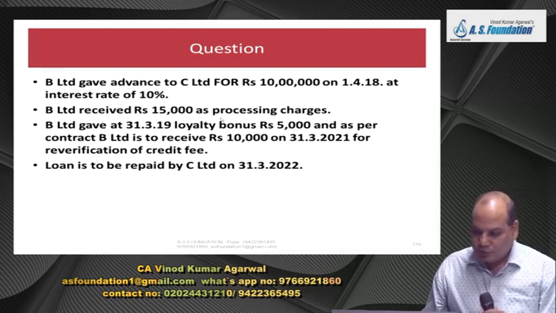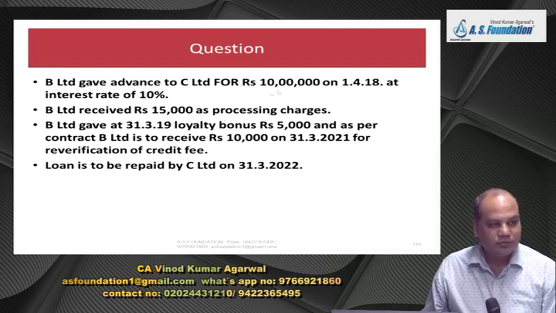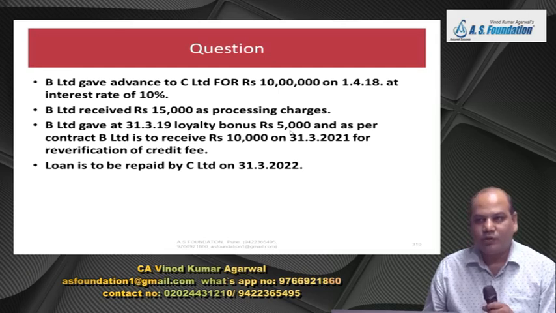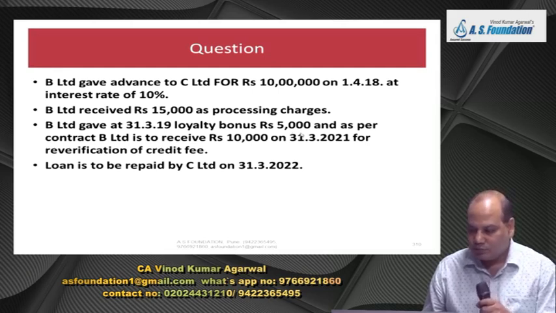You will give an advance of 10 lakh, you will receive a processing fee of 15,000 on the same day. Then on 31st March 19, means after 1 year, the company will have to pay a loyalty bonus of 5,000 rupees. And as per contract, B Limited is to receive 10,000 on credit re-verification fees.